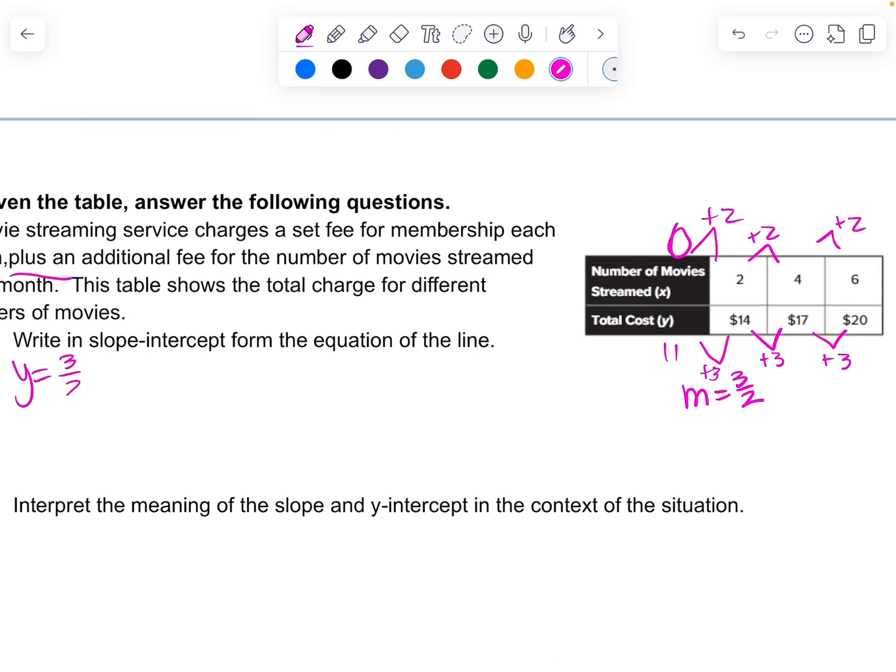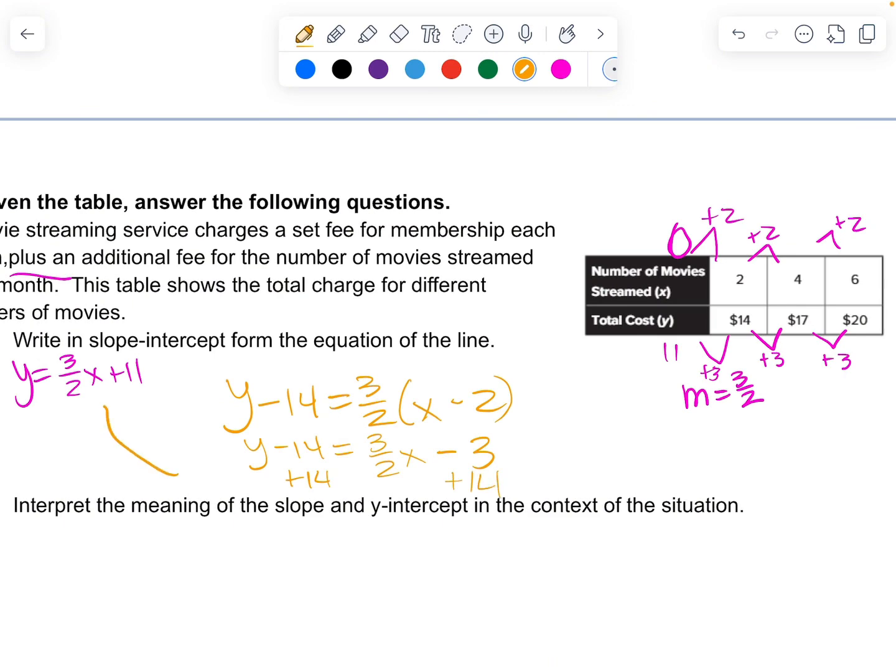So 3 over 2x plus 11, or you can do it point slope. Y minus 14 equals 3 over 2 times x minus 2. Y minus 14 equals 3 over 2x minus 3. Add 14 to both sides. And guess what? That's what you get.